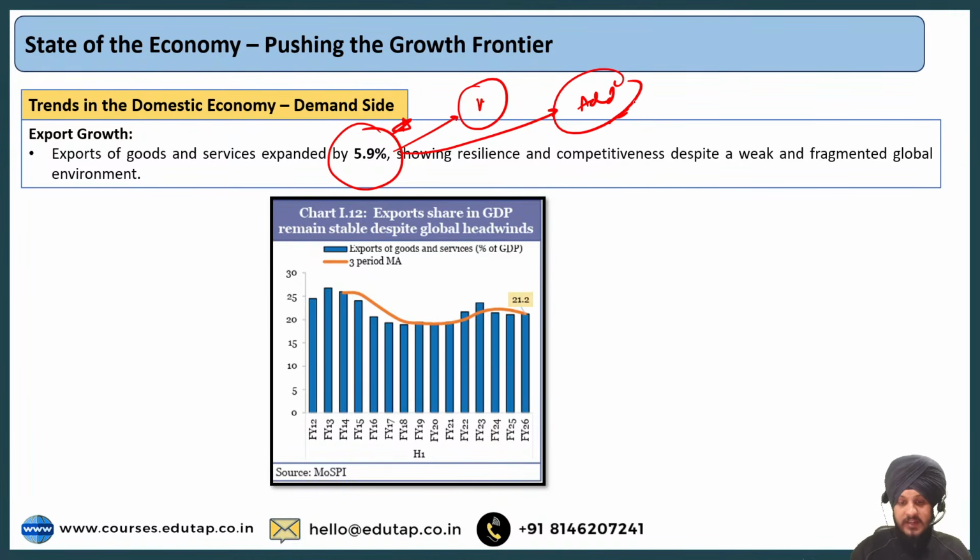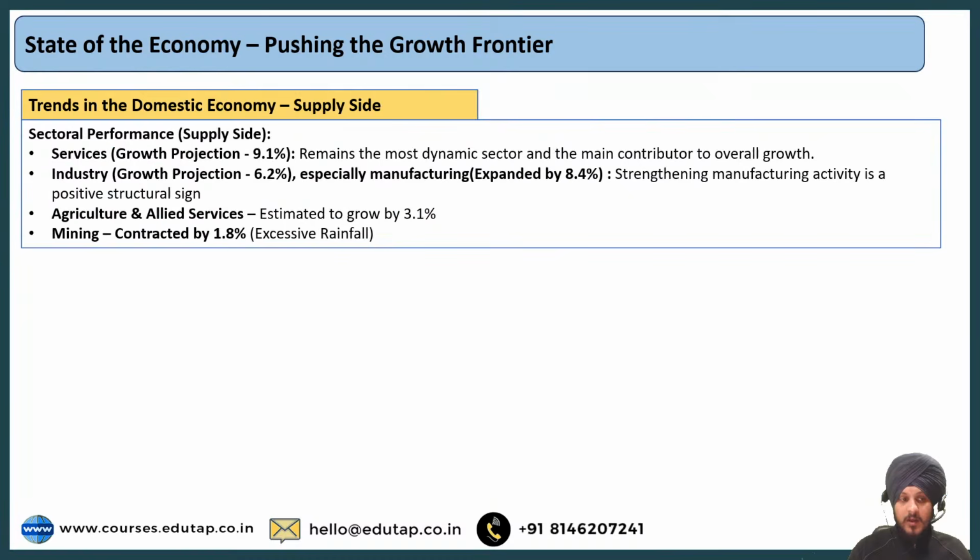You can see over here that the export of goods and services as a percentage of GDP is 21.2%, as per these advanced estimates. So this is another important factor showing the trend in the domestic economy, and it is also acting as a pushing factor for economic growth. The next one is the supply side factors.